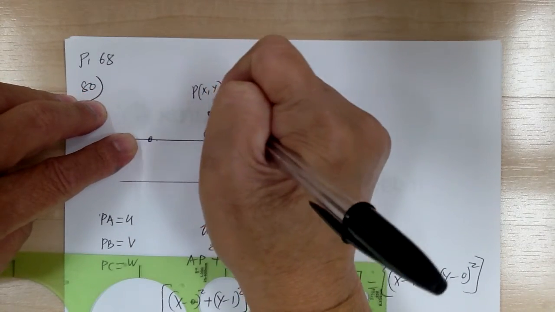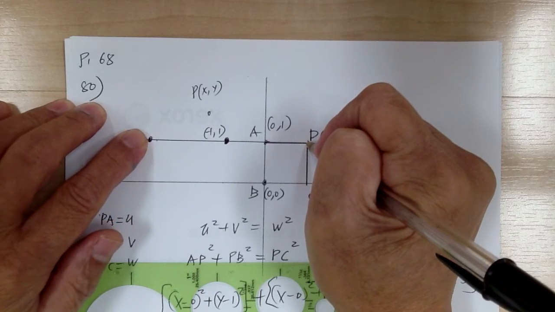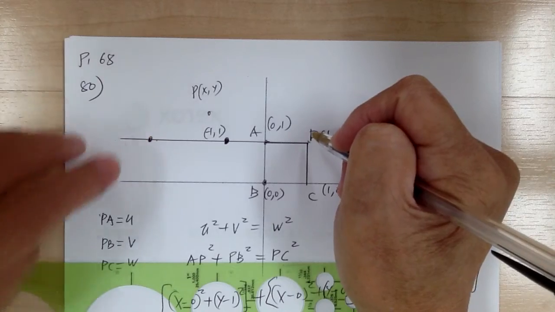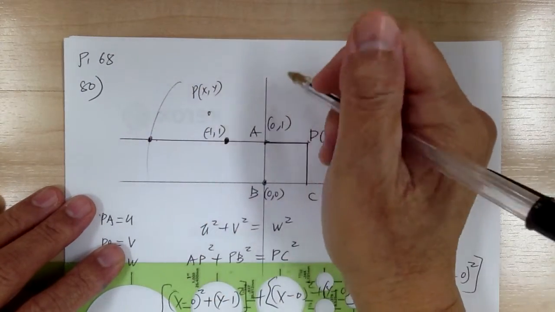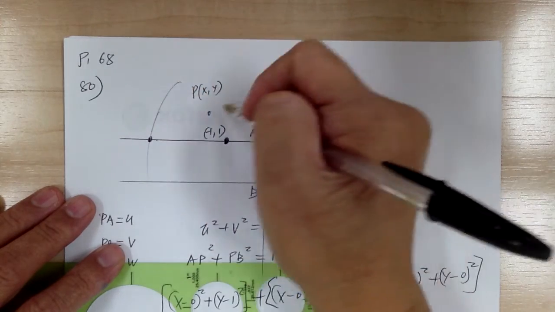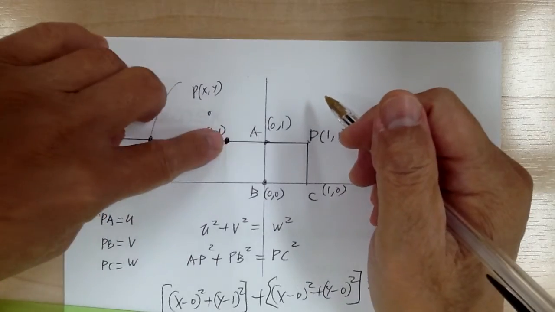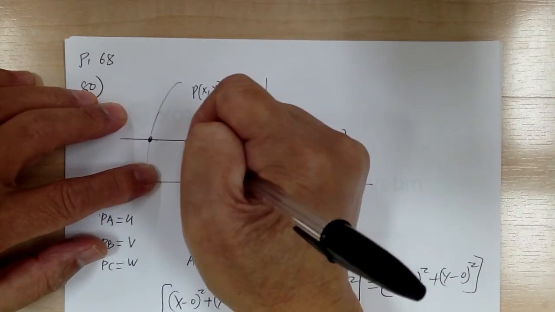So P needs to be right over here to get the maximum distance. So the greatest distance PD is on the opposite side. Your circle is going to be really big. Oh wait, the radius is square root of 2, so it's about 1.4. It's about right over here.